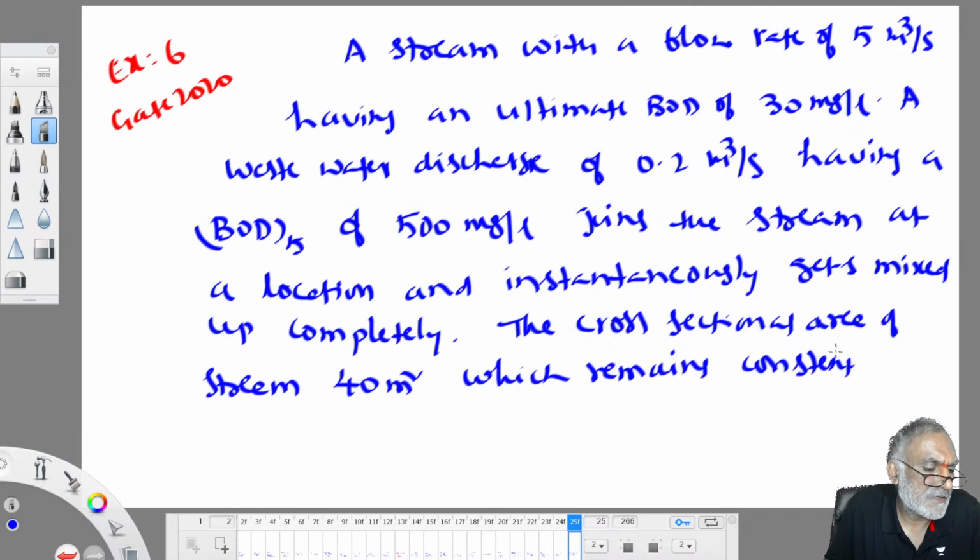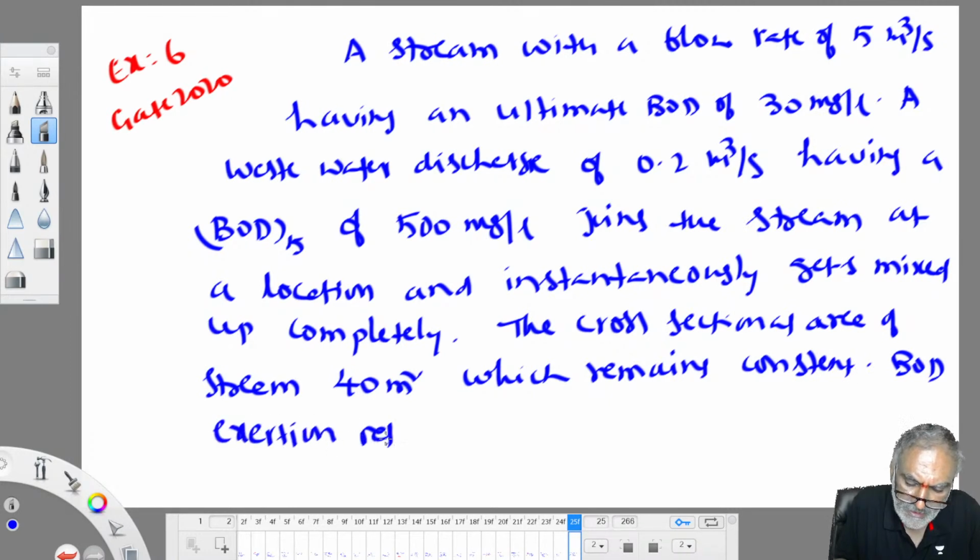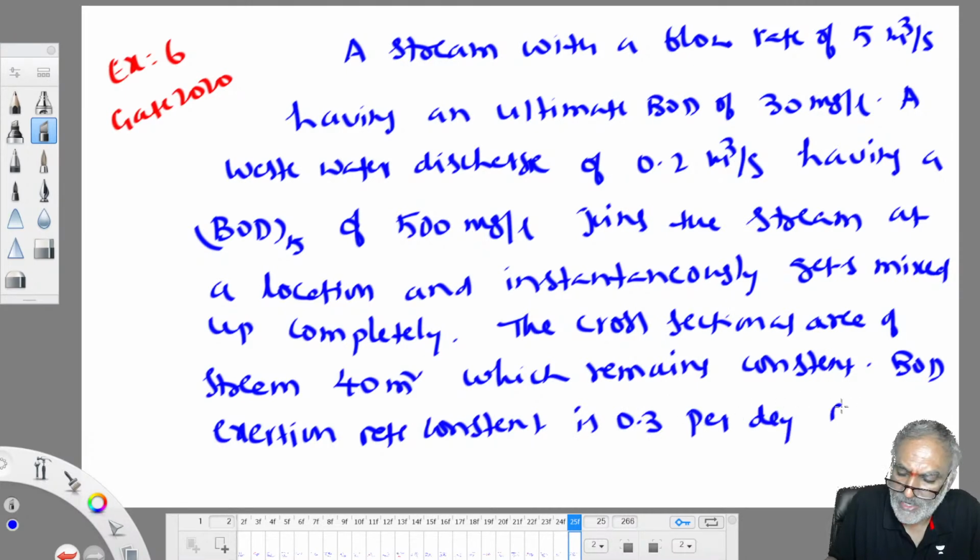BOD exertion rate constant, that is BOD rate constant. What is that K value? Constant is 0.3 per day to the base e.